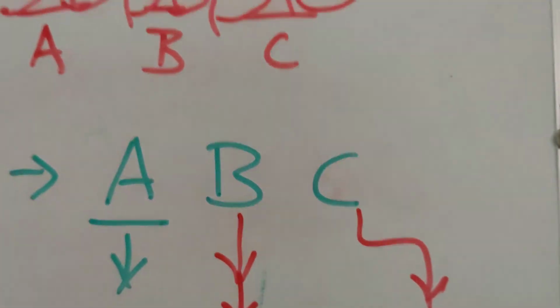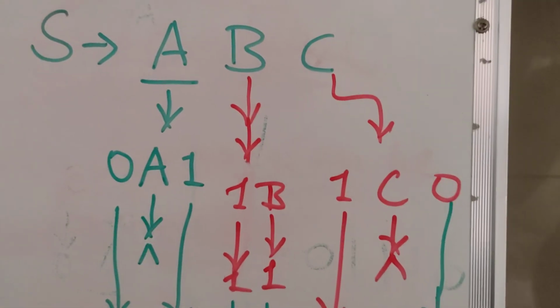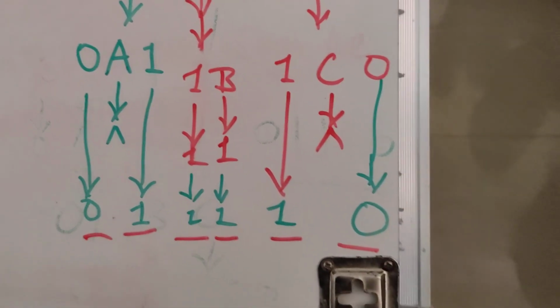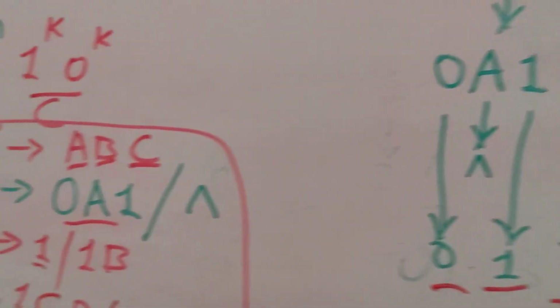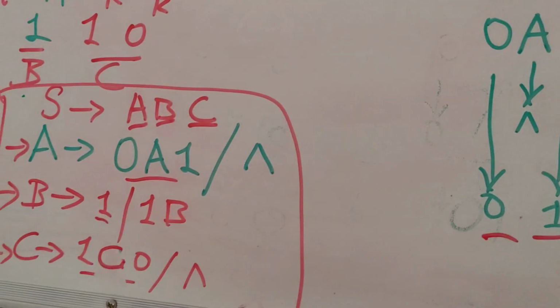So yes, a match occurred. We got this string using this production rule, we derived the string. So these production rules are correct for the string, and it is satisfying the rule.